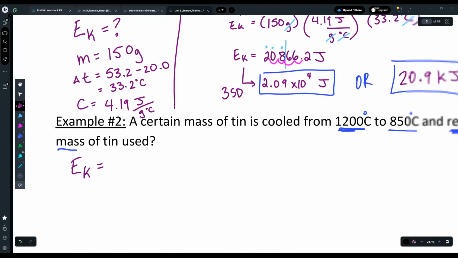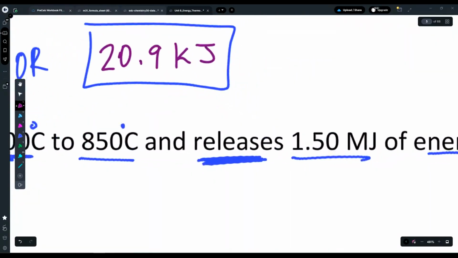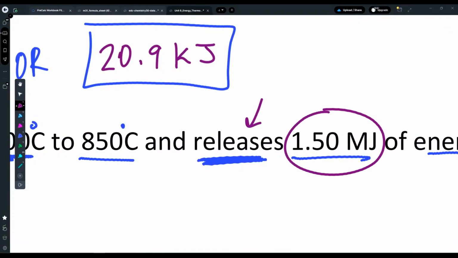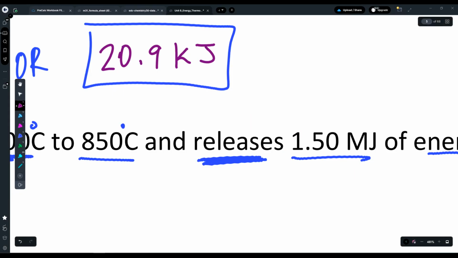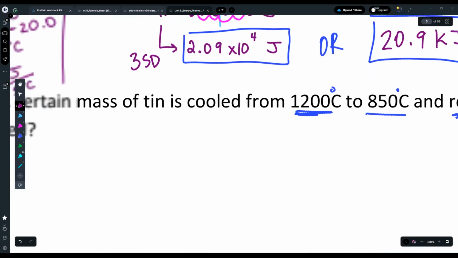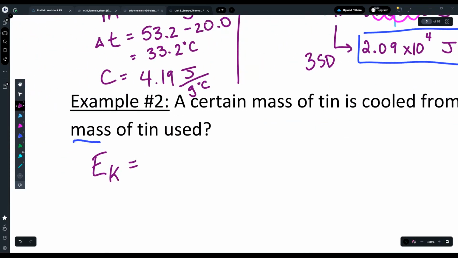So for energy, I want to talk about that one first so I can talk about this word. The word release means that this much energy is coming out of the system. So if the system is losing this much energy, I need to write it as negative 1.50 megajoules.